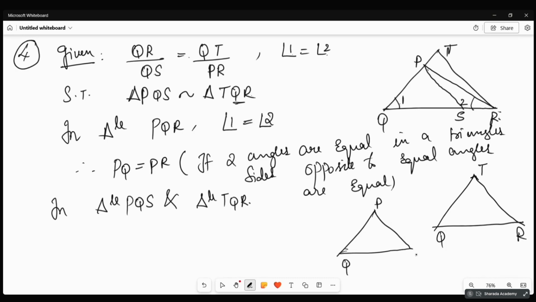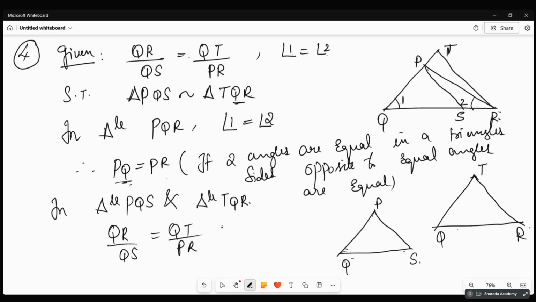So what we can tell? QR by QS is equal to QT by PR, which is given. Correct? Instead of PR, I can write PQ because we know.